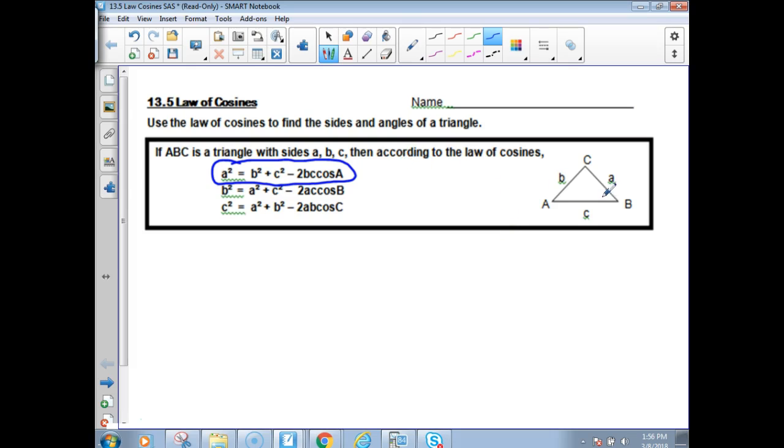So here's what you do to find a side. Okay, this is to find a side. I need a side, an angle, and a side. Then I can find the side across from the angle.